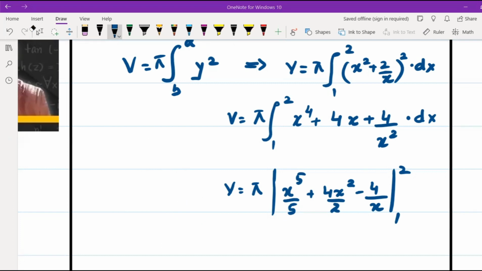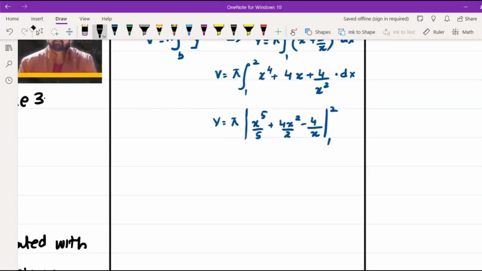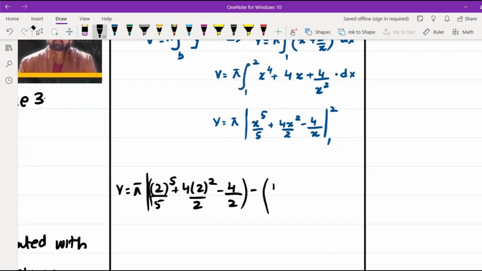Now, in this case, what we need to understand is we will be applying the upper and the lower limit. Volume is equal to pi, this should be 2 to the power 5 upon 5 plus 4 times 2 square upon 2 minus 4 upon 2, whereas this entire thing should be subtracted by 1 to the power 5 upon 5 plus 4 times 1 square upon 2 minus 4 upon 1, and this thing will come under the modulus sign.